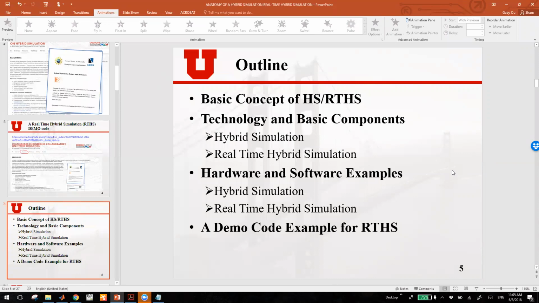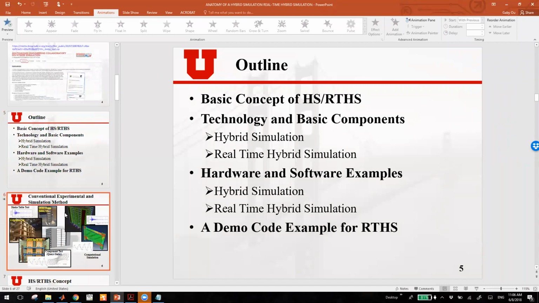Then I have two examples for hardware and software configurations, one specifically for hybrid simulation and another for real-time hybrid simulation. I want everybody to be aware that hybrid simulation and real-time hybrid simulation may have flexible configurations. What we present here is to give a better understanding of the basic components, but you are not constrained to use this example configuration or setup.